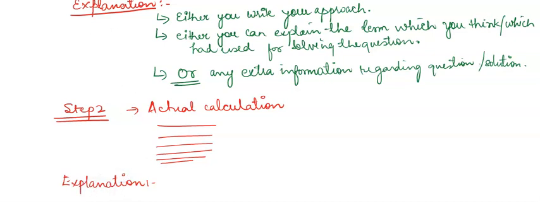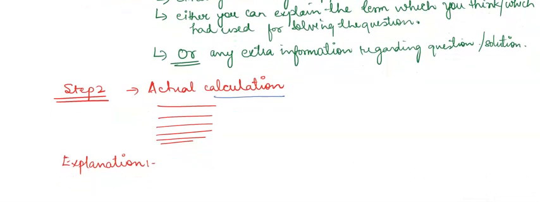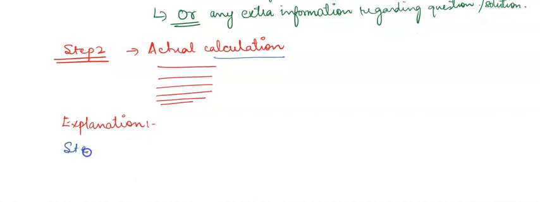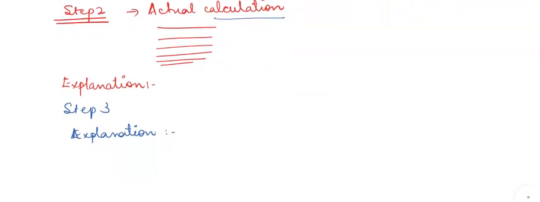For explanation, again, you can use either the approach, or a term which you have used for the calculation here, or any other information which is relevant to this step. And so on. You have to add the step, add the explanation, until you find that you have got the correct answer or you have completed your calculation or your theory.